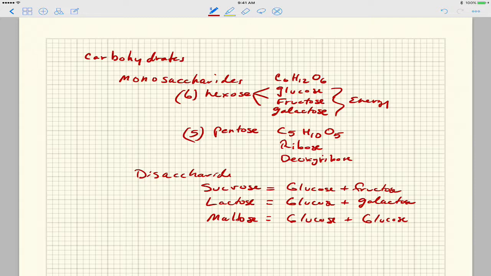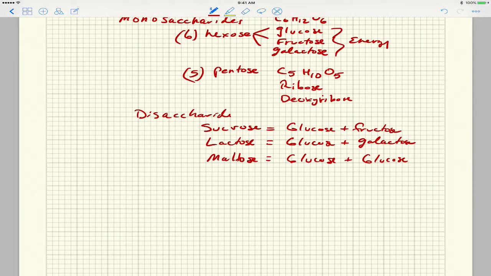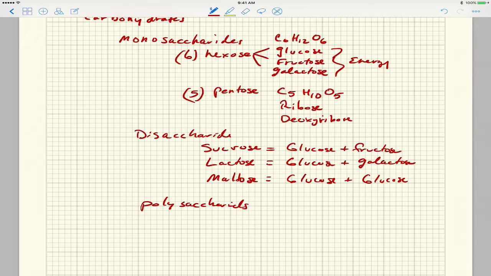Again, these are mostly energy molecules. They do need to be digested before they're useful to the body, but they're easily and quickly digested, so that's why they are also considered an energy source. As we continue down, we end up with polysaccharides. This is going to follow a trend that's going to happen with all of these different kinds of macroorganic molecules.